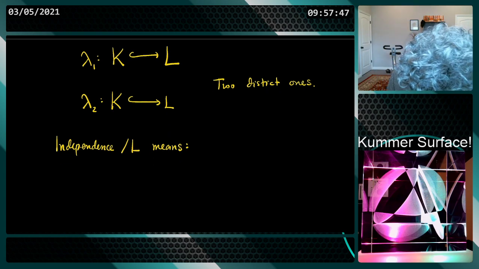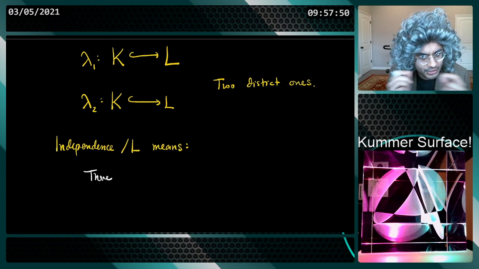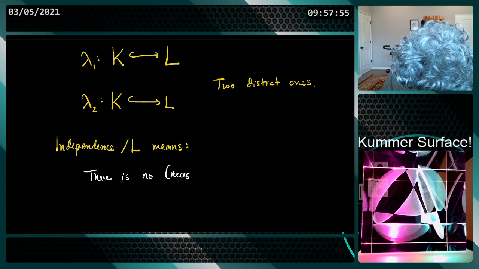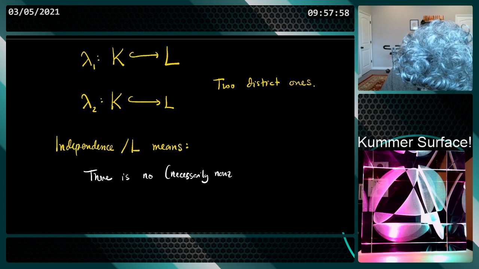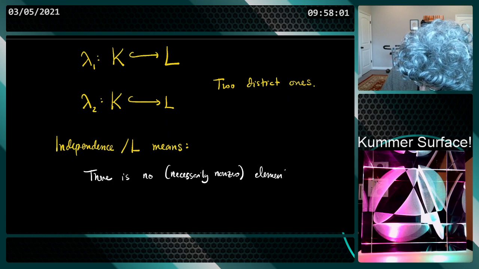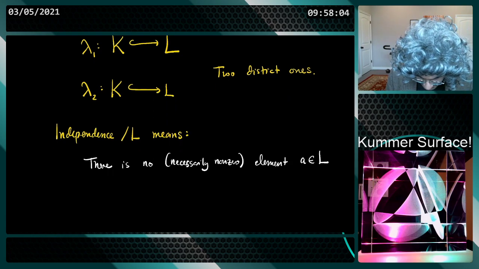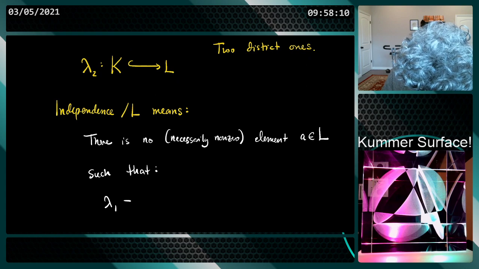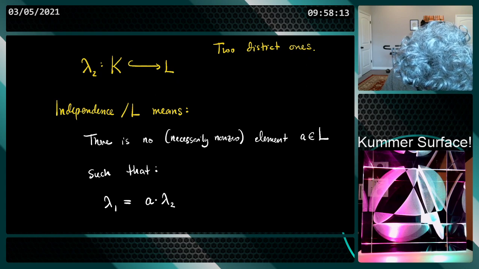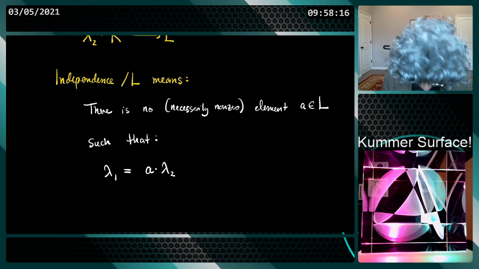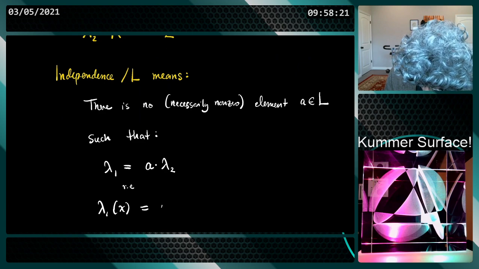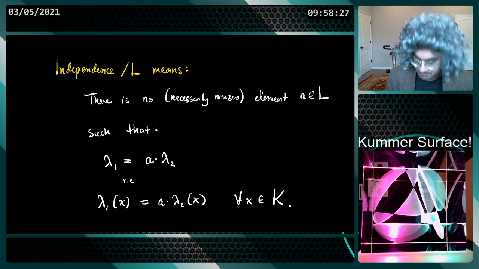Okay? It means that there is no, either this way or the other, there is no necessarily non-zero element a such that lambda 1 is a times lambda 2 as functions, meaning lambda 1 applied to any element is a times lambda 2 applied to the element, for all elements in the domain field.